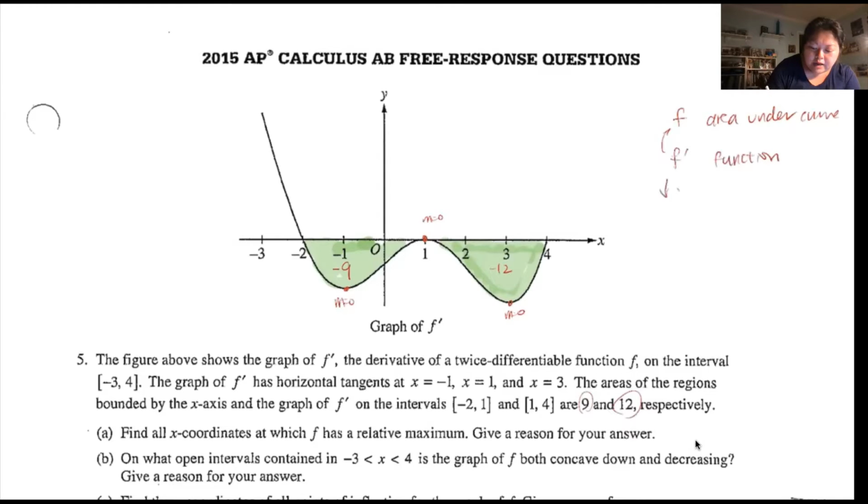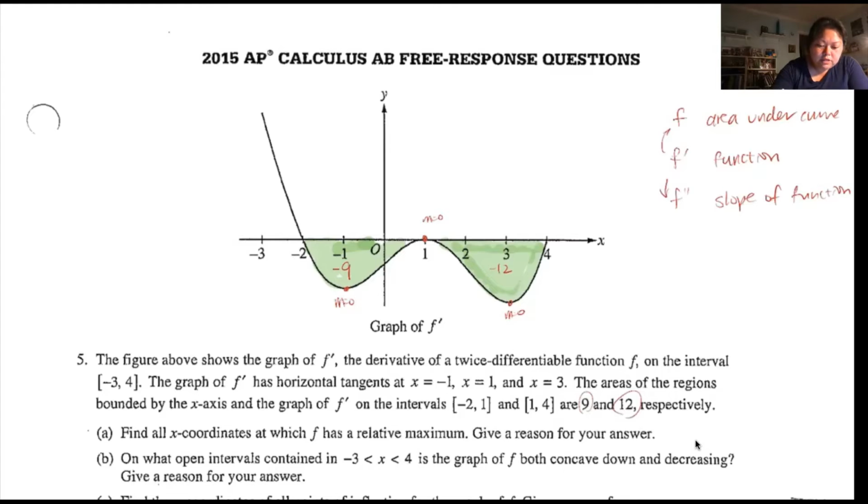And if I want to look at f double prime, I'm looking at the slope of the function. A little bit different than what we saw before, where g of x was defined as a part of f. This time we didn't want to go that far. We just said, okay, this is a graph of f prime, this is a graph of velocity. Use this to figure out what the original function f looks like. So let's answer a few questions.